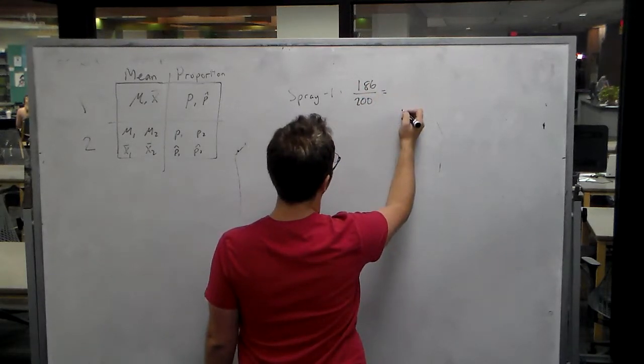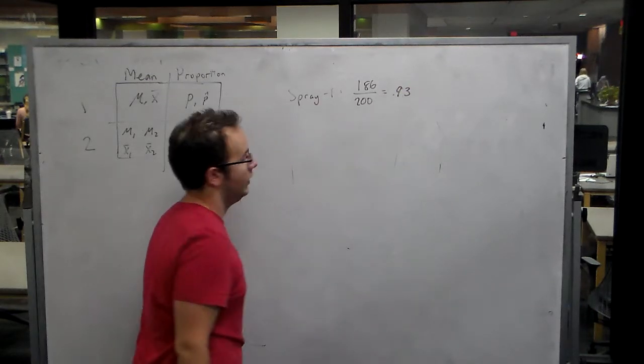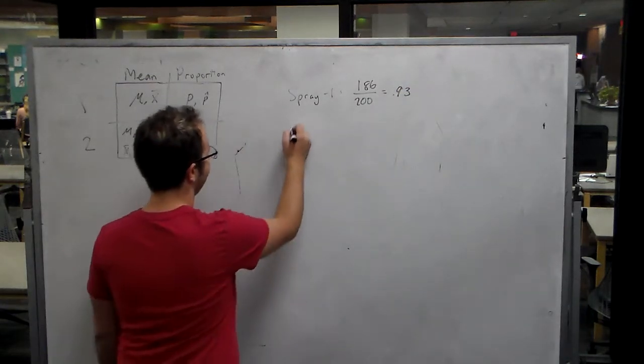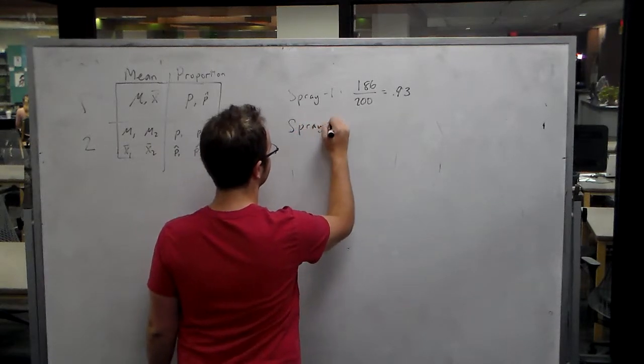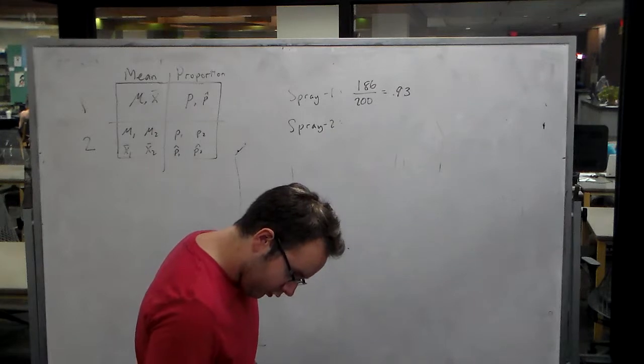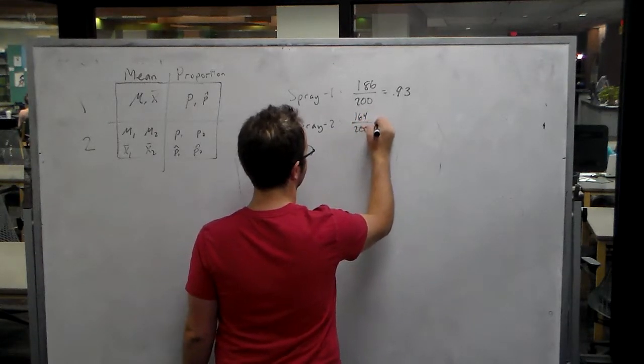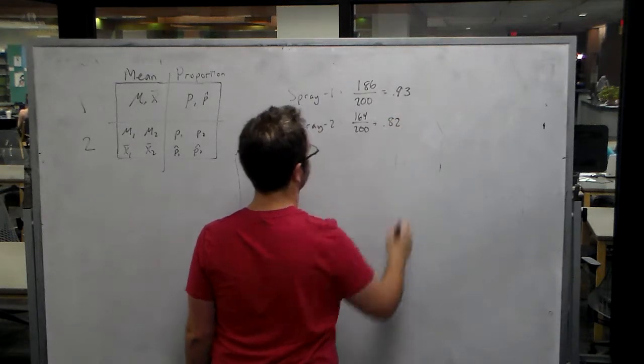So that would be 93%. Spray 2 worked how well? It was 164 out of 200. This is 0.82.